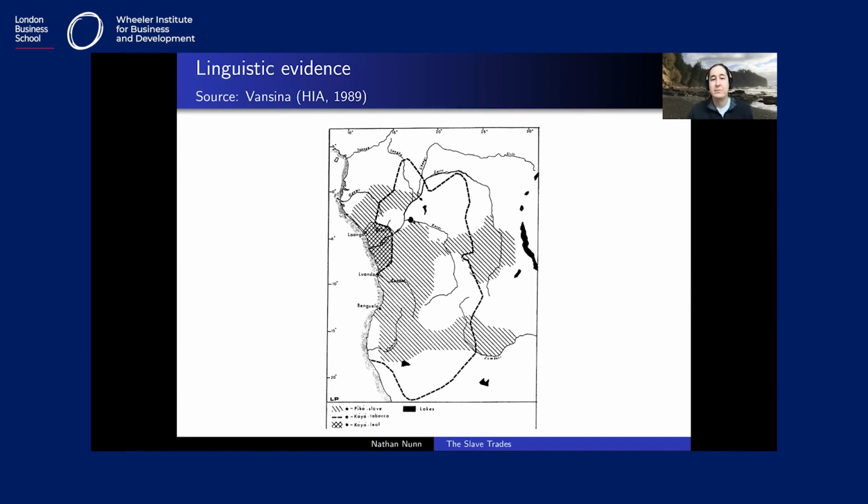Then let's look at its distribution, which you can see here. All of these different societies didn't have their own words for traded slave. Instead, they have a common word, and this common word is connected to the coast here. This is completely consistent with the notion of traded slaves arising at the coast, where you have the transatlantic slave trade, and then spreading inland with waves of capture, waves of enslavement that occurred over time.